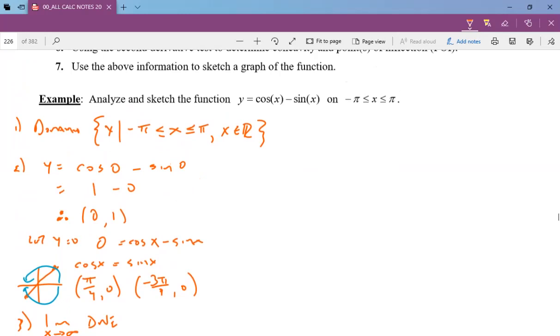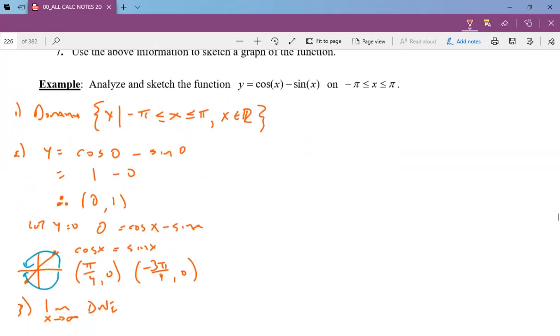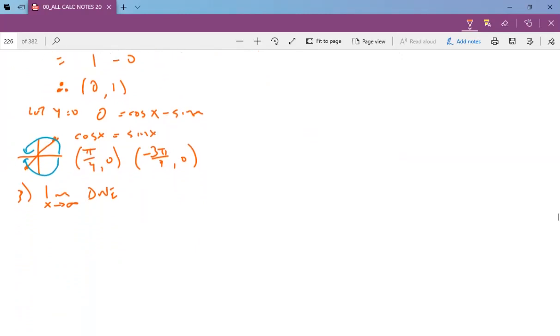It's not settling in on a number, cos x minus sine x. Both cos x and sine x are fluctuating between negative 1 and 1, and when we subtract those, they're all going to be values that in theory fluctuate between negative 2 and positive 2, and as we go to infinity, there is no limit that exists here.